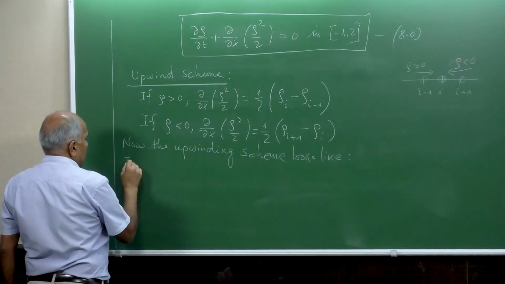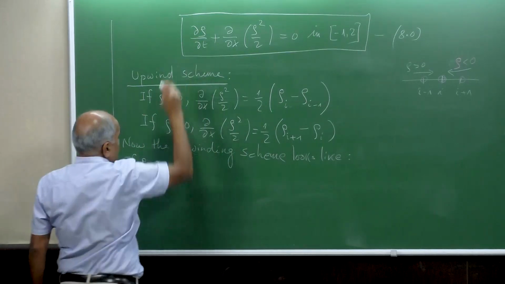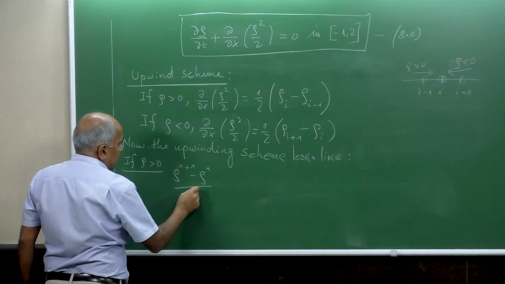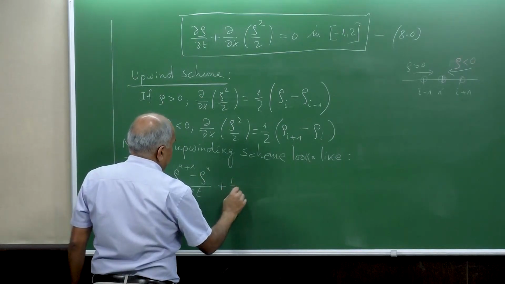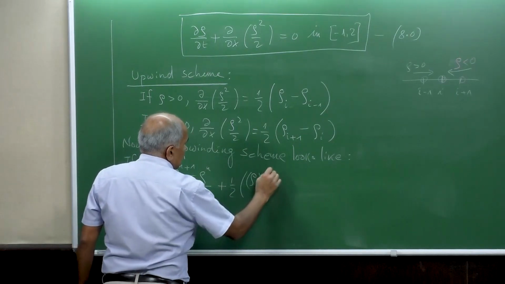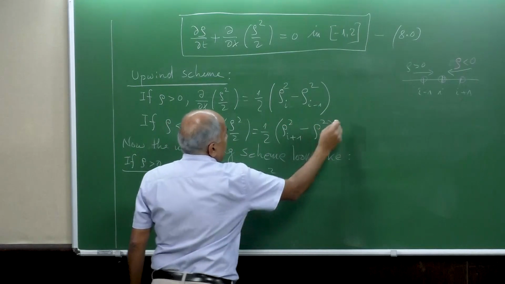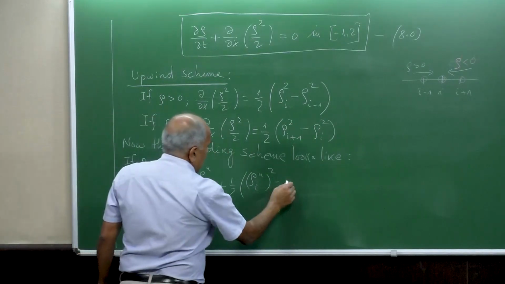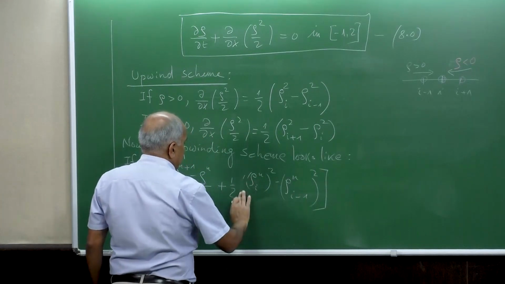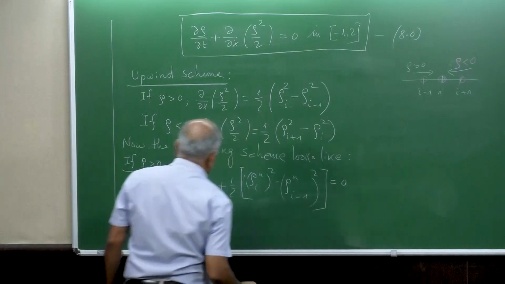if rho is positive, then toward final time integration, rho of n plus 1 minus rho of n, divided by delta t, plus half, rho of I n square minus, sorry, this is the square, rho of I minus 1 n square, divided by delta x, this square bracket is equal to 0.